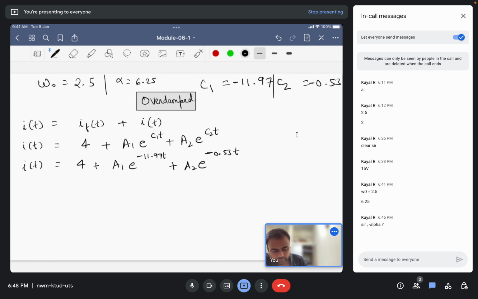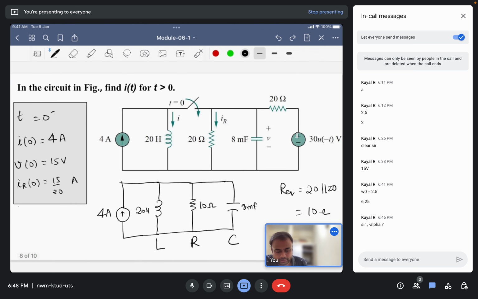So this is an equation with two unknowns, A1 and A2. So let us calculate A1 and A2. These will be calculated from the initial conditions. So we have already written the initial conditions here. So current is 4 ampere at time 0.